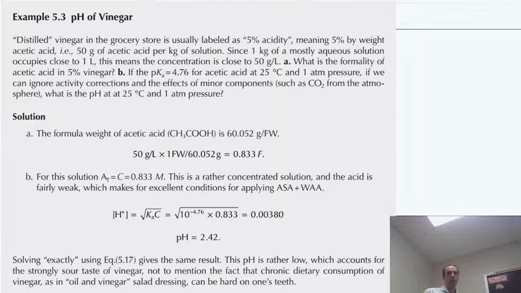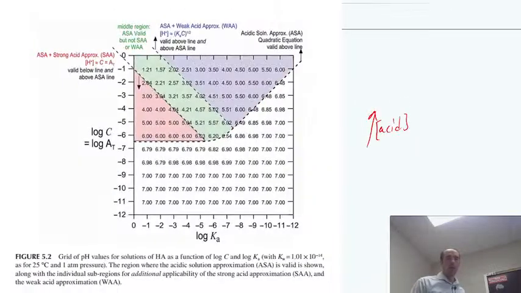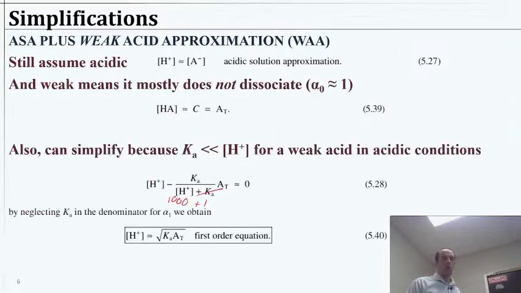Okay, so given that, we could look back up and see what was our condition for weak acid and ASA. Or we could derive this ourselves again by getting the electroneutrality equation, setting it up and solving, going through these steps.